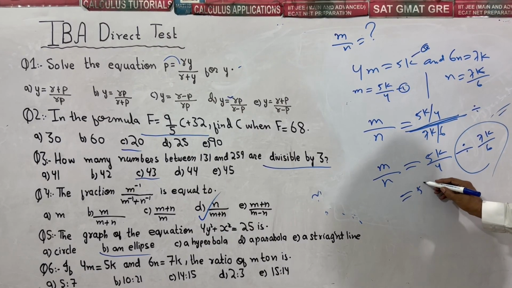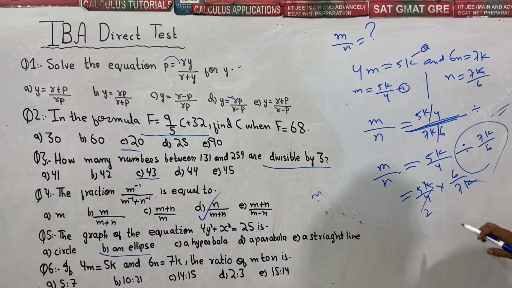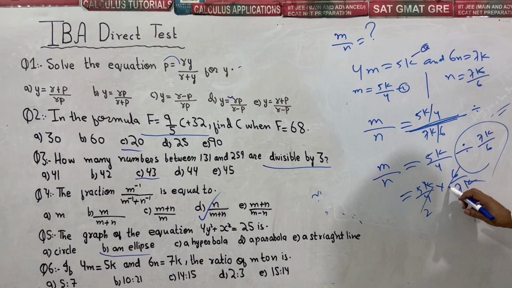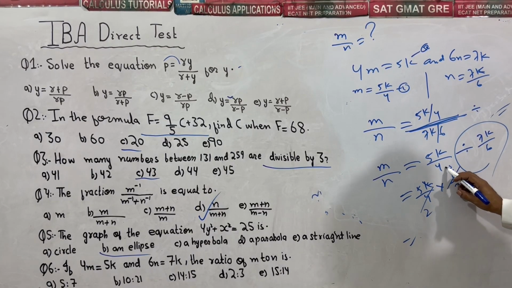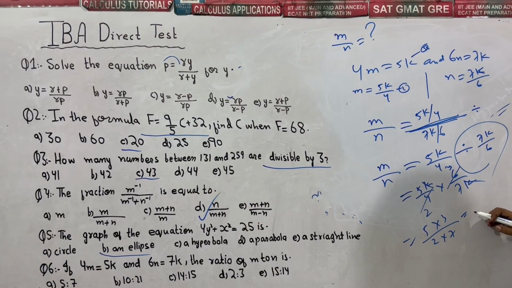We have 5k over 4 multiplied by 6 over 7k, k cancels out. Applying the table of 2, 2 times 2 is 4, 2 times 3 is 6, we have 5 times 3 over 2 times 7. 5 times 3 is 15, 2 times 7 is 14. So 15 over 14.